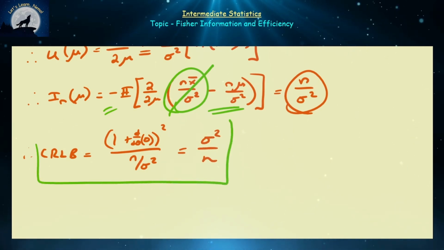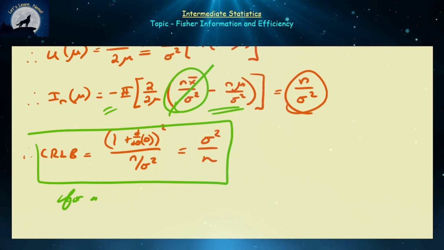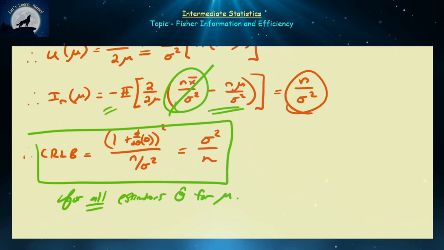Keep in mind, this is the Cramér-Rao lower bound for all estimators theta hat for mu, in particular ours that we're interested in. And keep in mind, this is equal to the variance of the estimator we're interested in, mu hat MLE.